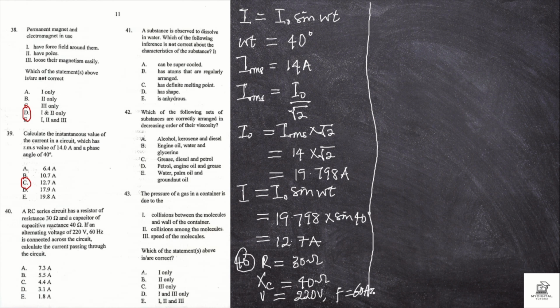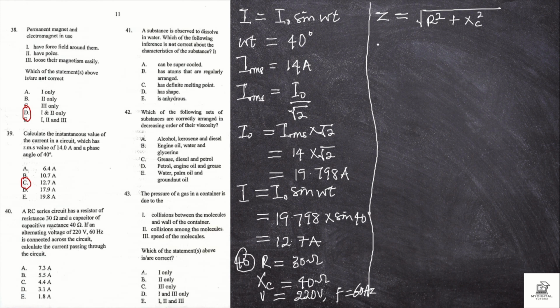Is that correct? So we are looking for the current, but since it is a combination of two components, resistor and capacitor, we are going to find the resistance offered by the combined effect of resistor and capacitor, which we call impedance. So impedance Z is equal to root of R squared plus the capacitive reactance squared.